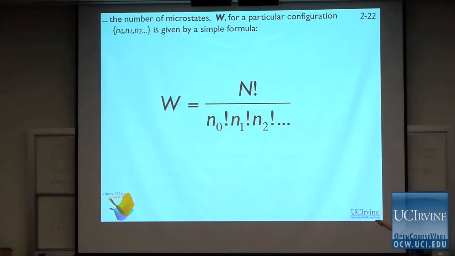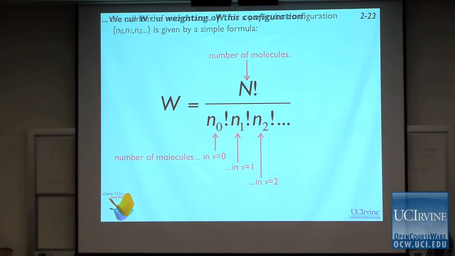So, in other words, we do have a general formula that we can use. This is it. That's the total number of microstates, that big W there. That is the number of molecules. That's the number of molecules that have no energy, 1 quantum of energy, 2 quanta of energy, and so on.